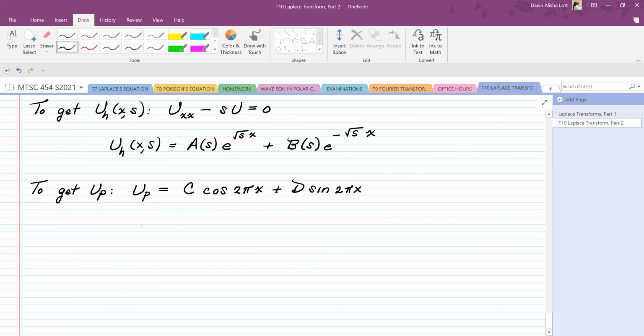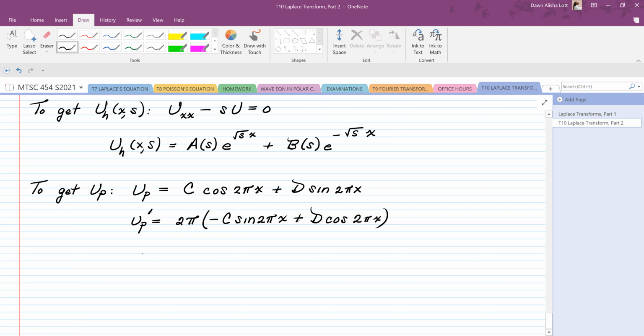But let's find U particular prime. So that turns out to be, take out the 2 pi, and I'm going to get minus C the sine of 2 pi x plus D the cosine of 2 pi x.